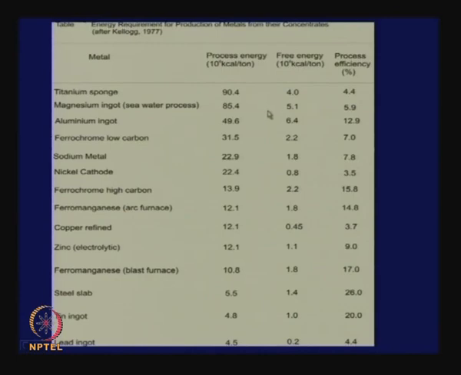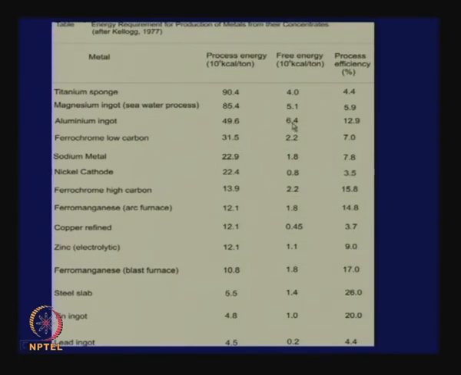In the case of magnesium, the process energy is 85, whereas the free energy requirement should have been met only by 5. Process energy in this case is 4, in this case is 5. In the case of aluminum ingot, almost 50% is process energy, 49.6.